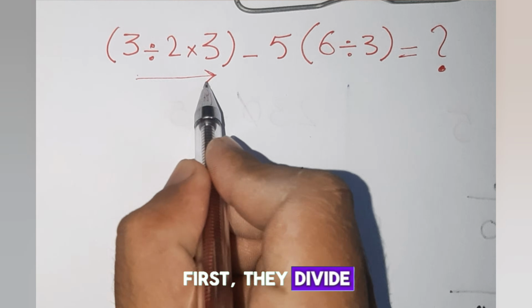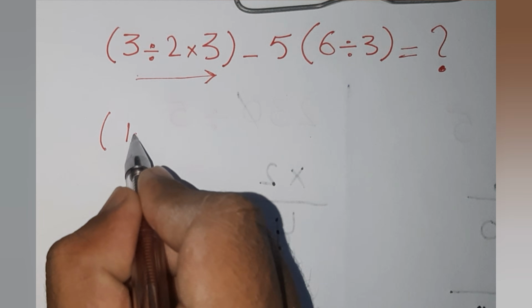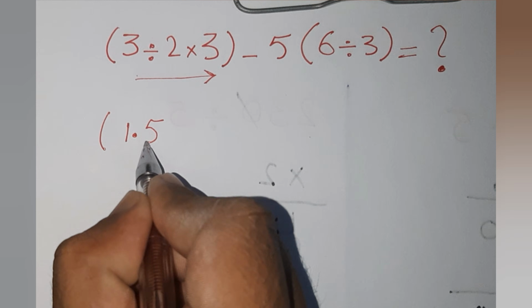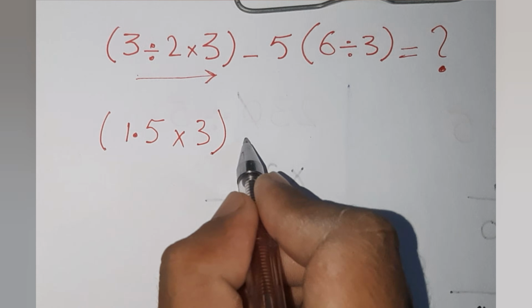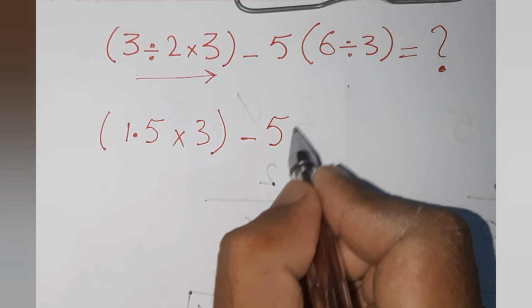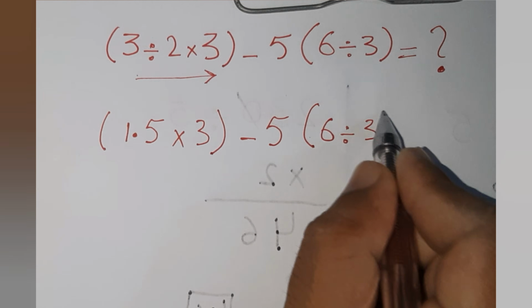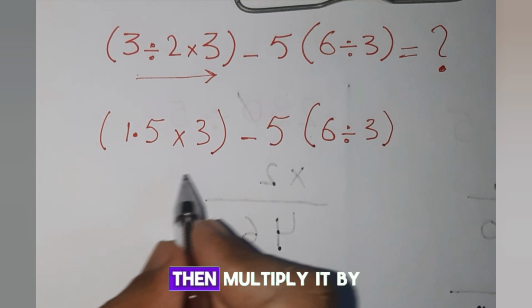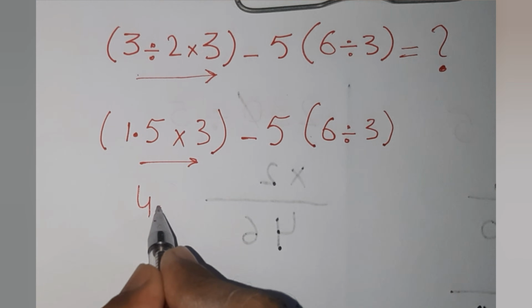First, they divide 3 by 2 and get 1.5. Then multiply it by 3 and get 4.5.